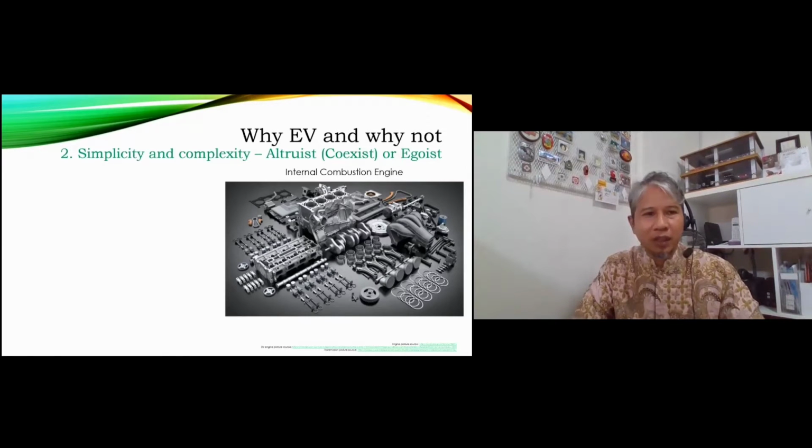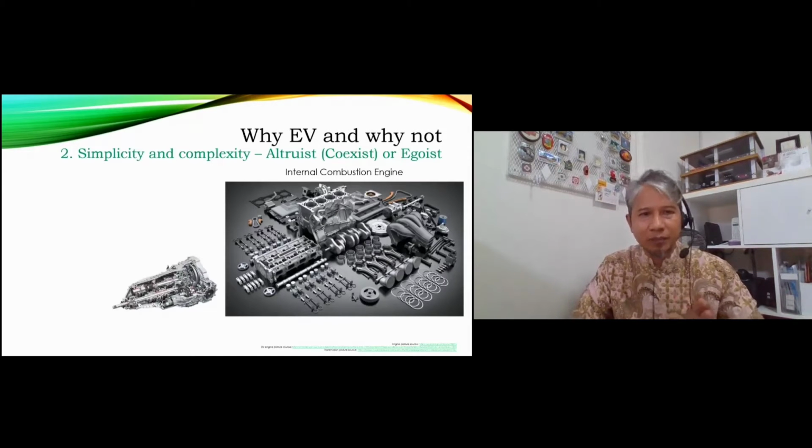So the engine itself consists of a lot of components, and there are small components that build an engine itself. And this is not everything yet. So on top of an engine, there's a transmission that is connected to the engine. There's another set of complexity here.